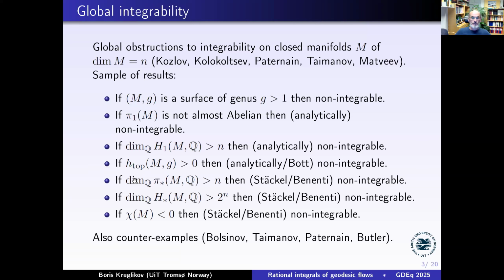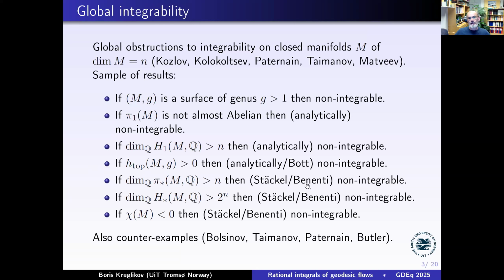And here are a few more examples. If the rational homotopy groups have bigger dimension, summed over all degrees from 1 to infinity, then it is non-integrable, but in a stronger sense, the Stäckel-Benenti sense, also called the L-system of quasi-integrability.